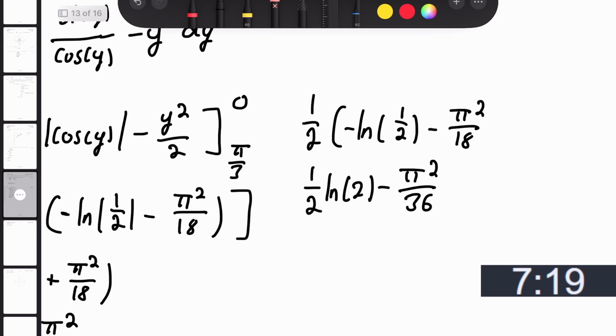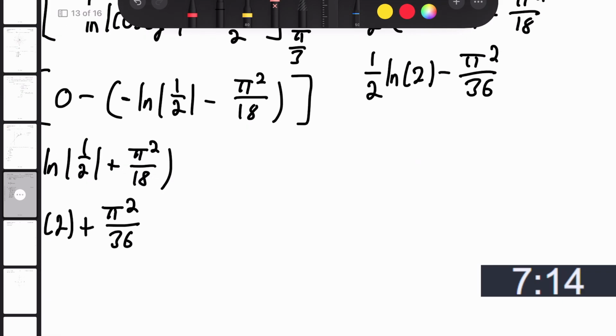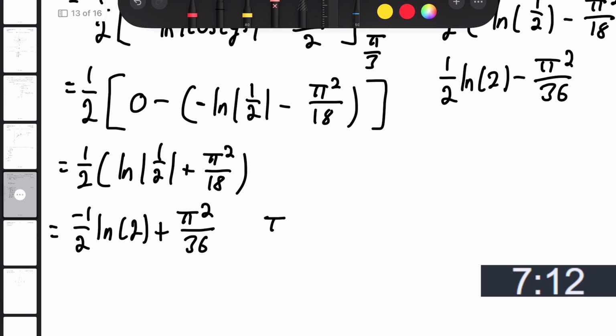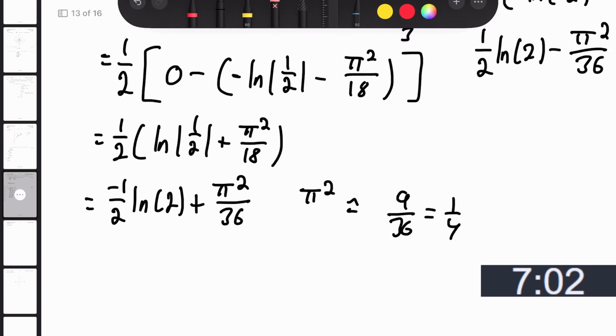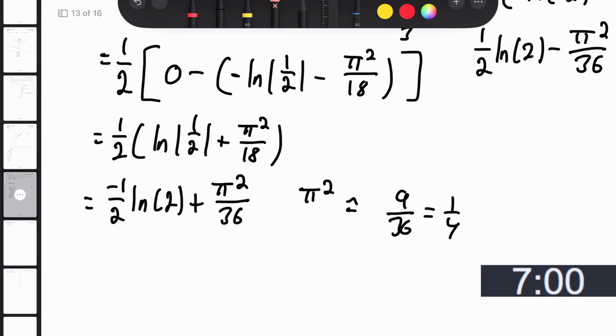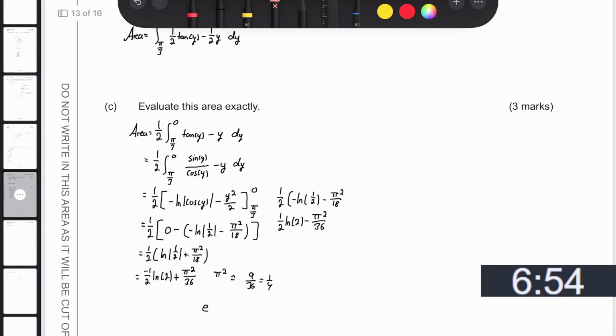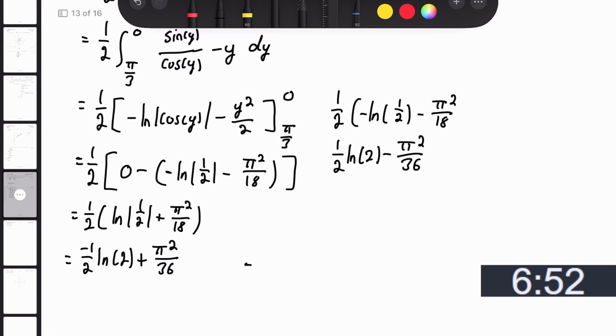Now, what is ln of 2 going to be? It's pi squared, 3.14, say 9 on 36, so it's going to be about 1/4. Negative ln of 2 was negative 1/2 as well. I'm not sure.